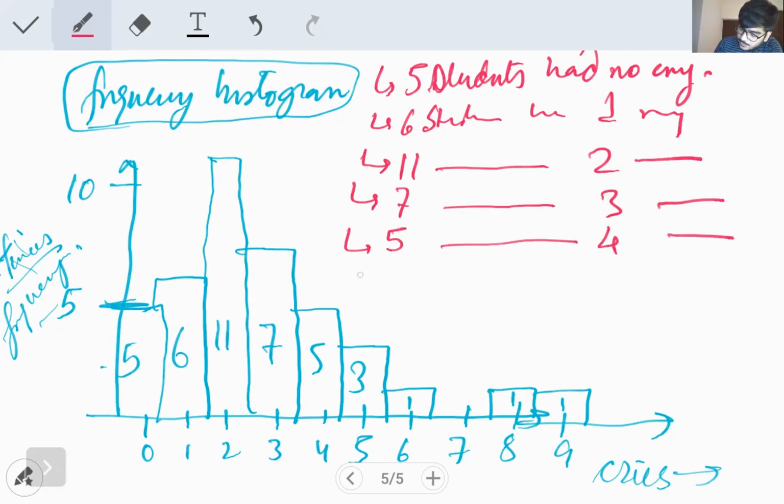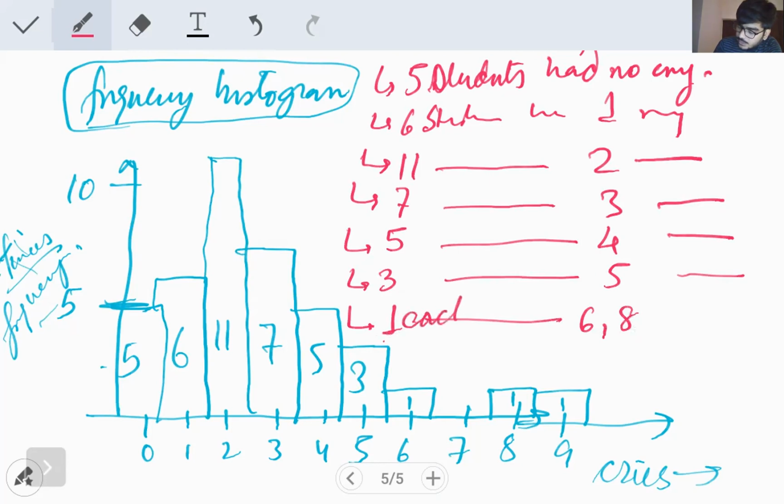Accordingly, we will see that for 3 cries there were 5, and for 1 cry there were 6, 8, and 1 student each. Let me write it: 1 each at 6, 9, and 8 cries, right?